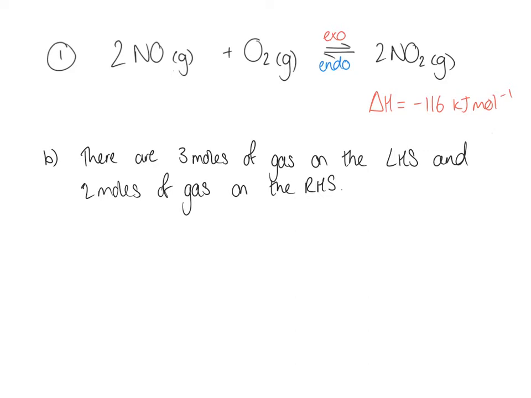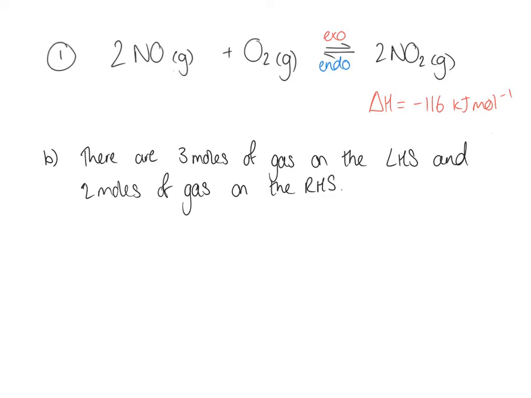It then says state which side the position of equilibrium will move towards. So we're saying which way is it going to go? Is it going to go right or left? Well, look at your question in part B. It asks you to explain how increasing the pressure will affect the equilibrium yield of nitrogen dioxide. So we know the direction it's going to move. It's going to move to the right hand side because there are fewer moles of gas.